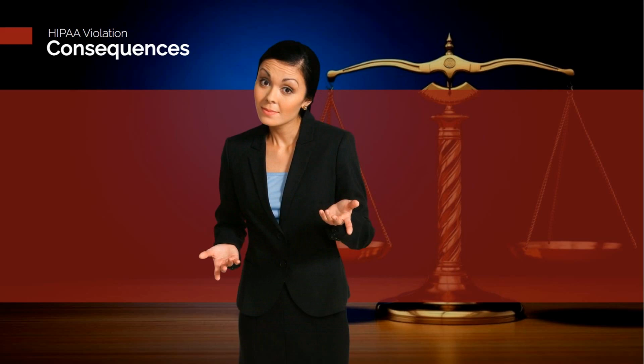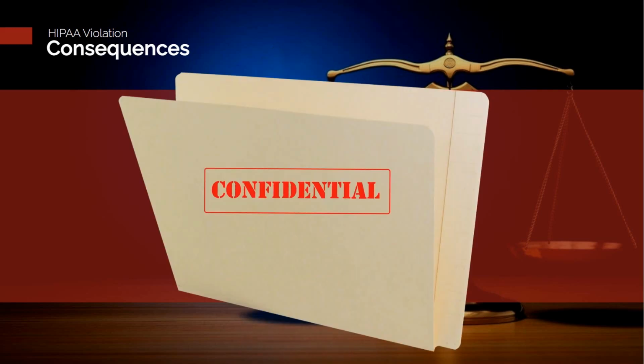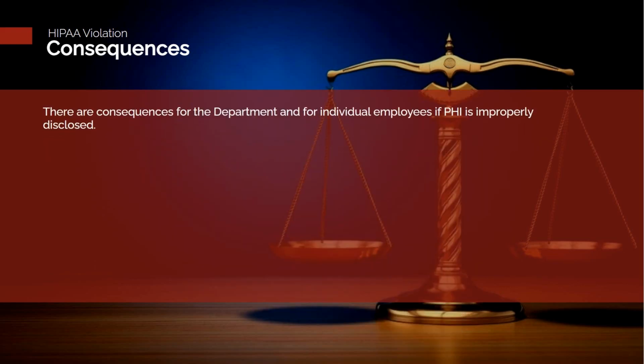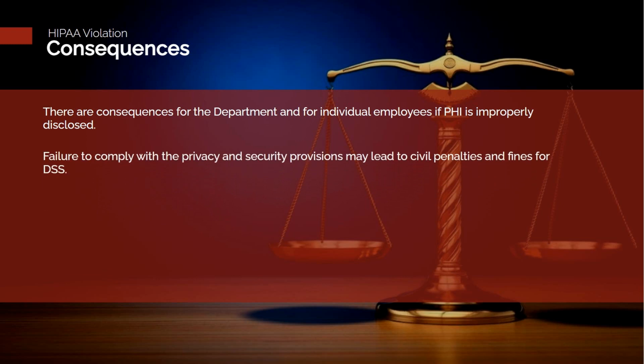Why is HIPAA compliance important? It's important to protect the confidential information that DSS is entrusted to handle as we work with Missouri citizens. But also, there are consequences for the department and for individual employees if PHI is disclosed improperly. Failure to comply with the privacy and security provisions detailed in this training and in the DSS administrative policies mentioned may lead to civil penalties and fines for DSS.